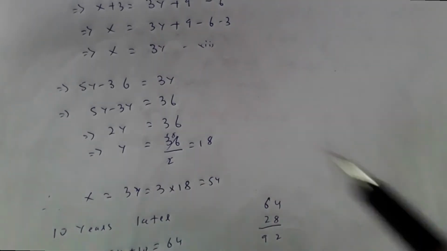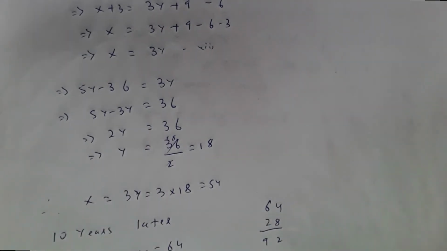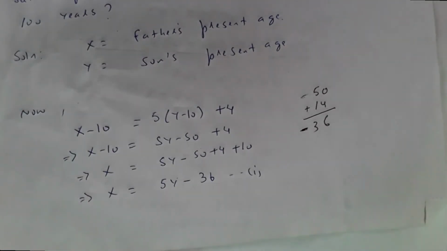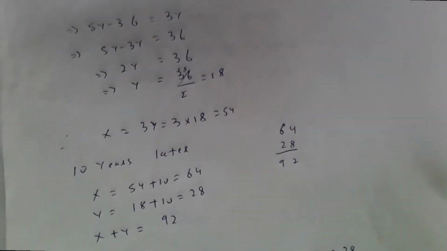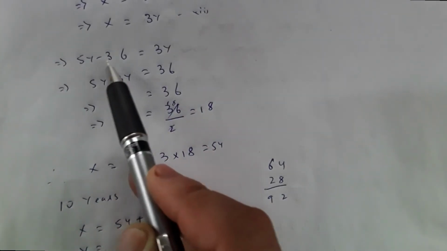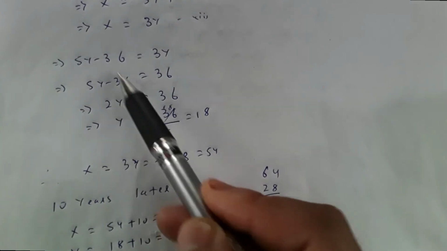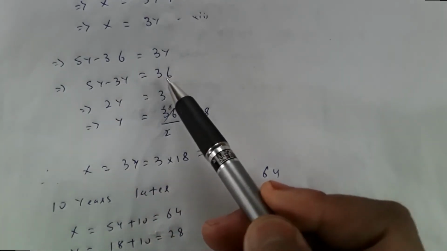Now we have got before x equals 5y minus 36, and now x equals 3y. So 5y minus 36 equals 3y. Bring 3y here, plus 3y becomes minus 3y, and minus 36 becomes plus 36.